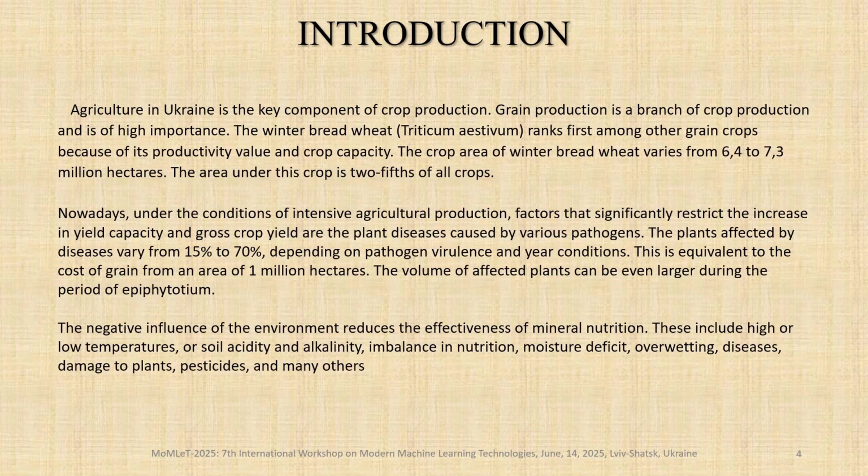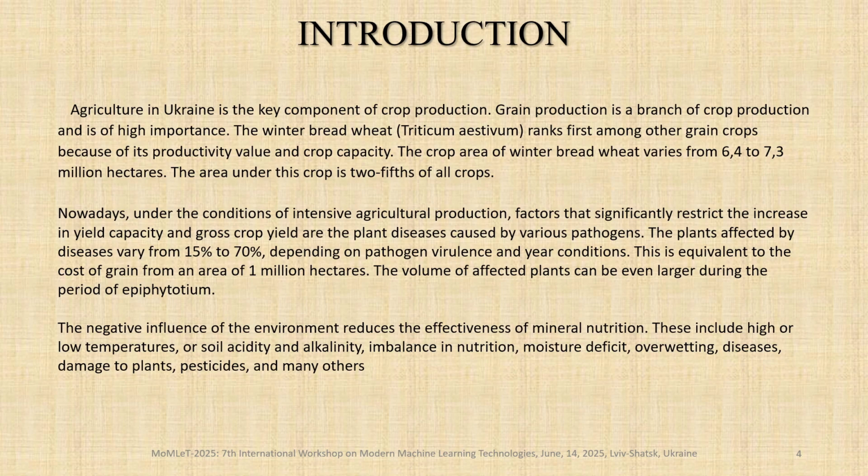However, the yield of this key crop is limited by plant diseases, nutrient deficiency, and unfavorable environmental conditions, which can lead to losses of up to 70% depending on the severity of the stressor.